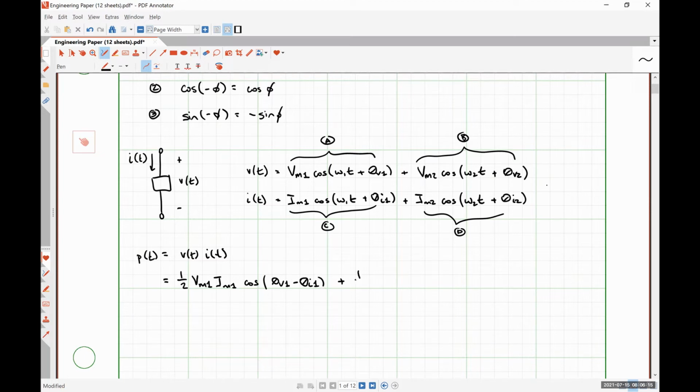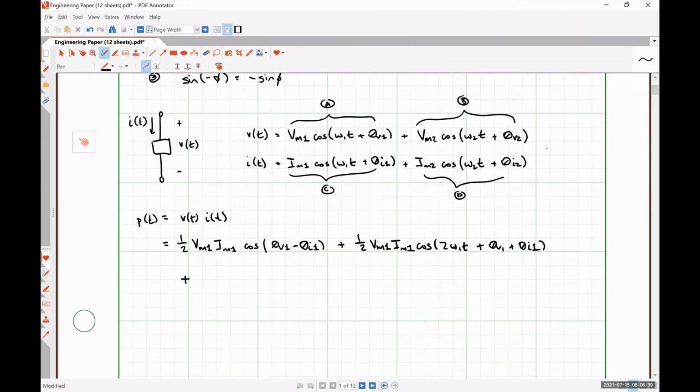And then we have a factor of 1/2 Vm1 Im1 cosine twice omega 1t plus theta V1 plus theta I1.